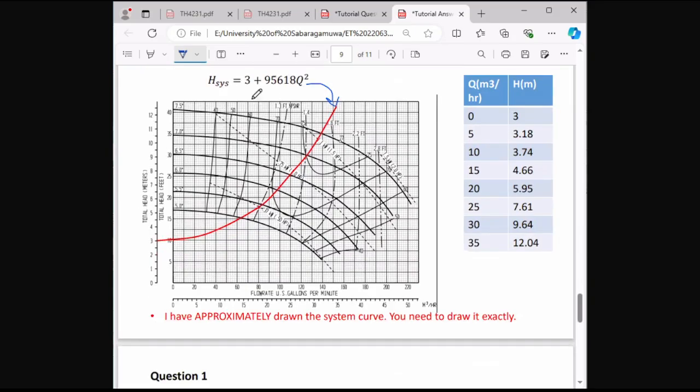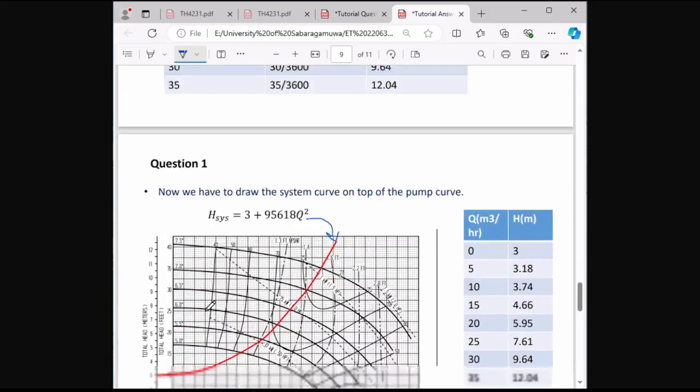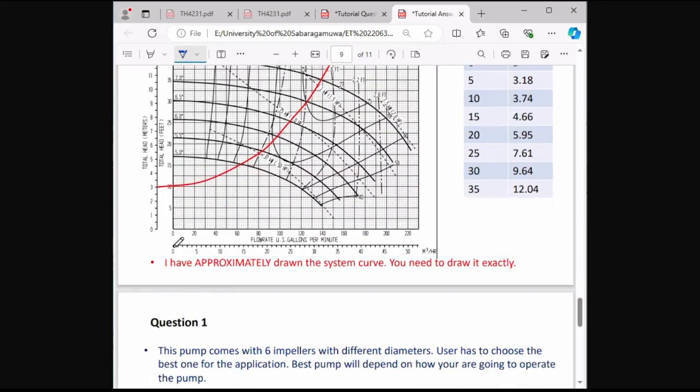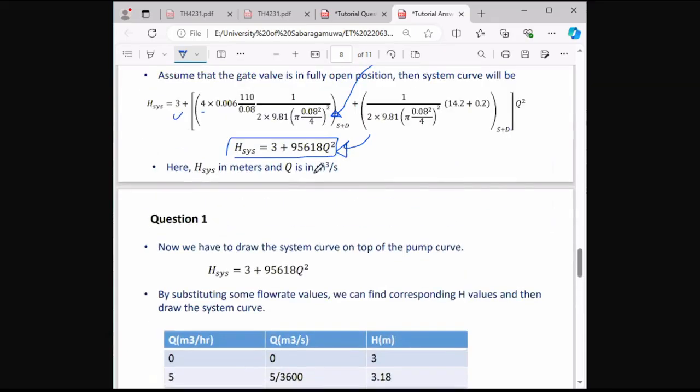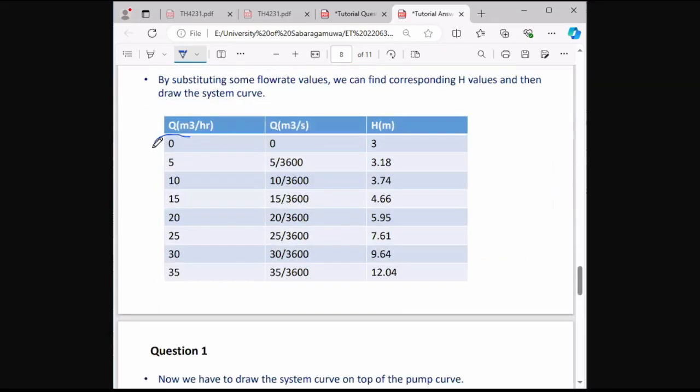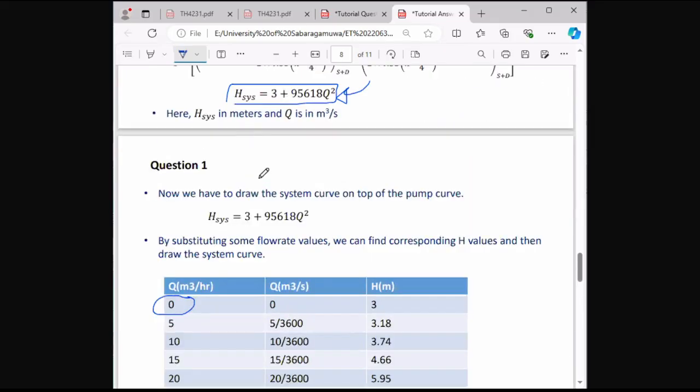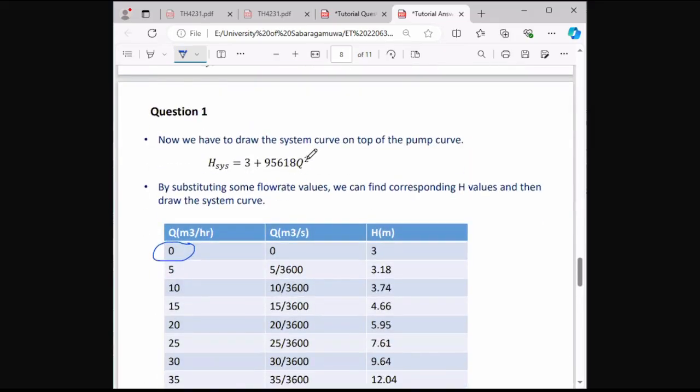How can we draw this one? They gave the axis values. First, you can take Q as 0, then put 0 into this equation, and you will receive H as 3.